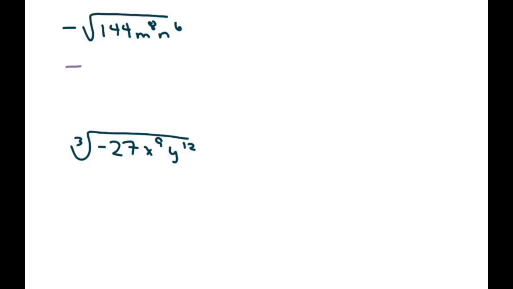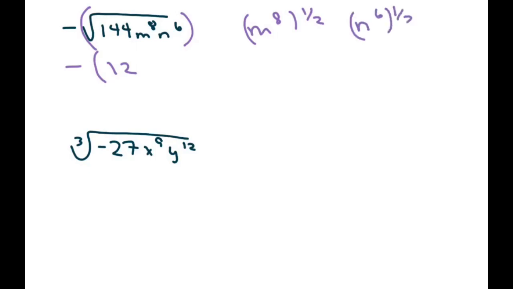Basically, I'm just taking the square root of all this, so we can do the negative later. The square root of 144 is 12. Then we have m to the 8th to the 1/2, and we have n to the 6th to the 1/2, because our root is 1/2. So this first one's going to give us m to the 4th.